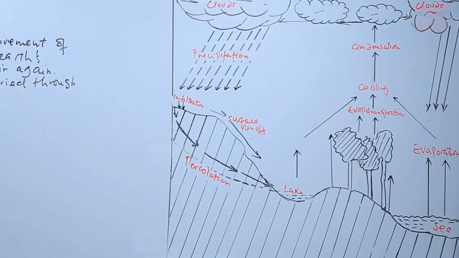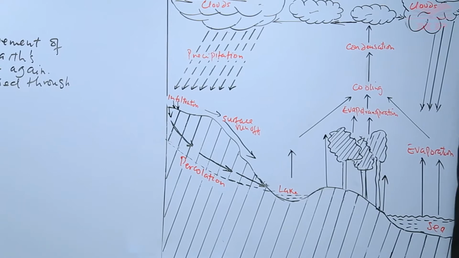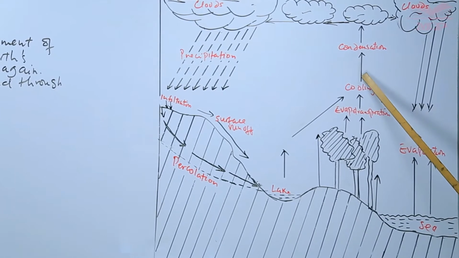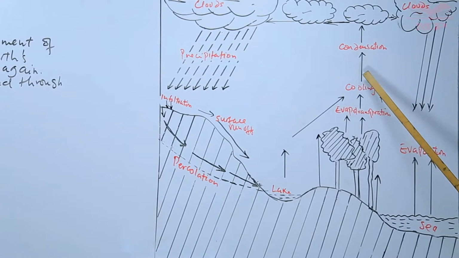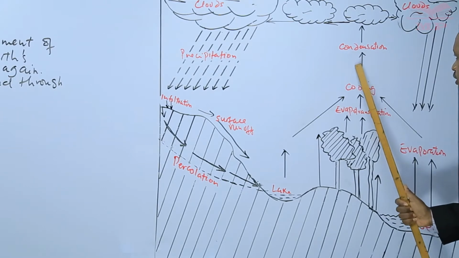Then after the cooling process, learners, you have the process known as condensation. What is condensation? Condensation is when the cooling of water vapor continues below dew point.